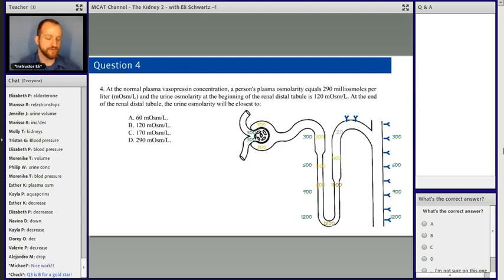And if you spot the sort of trap to this one, let us know down here in chat. Don't give the actual answer, but what's the trap?